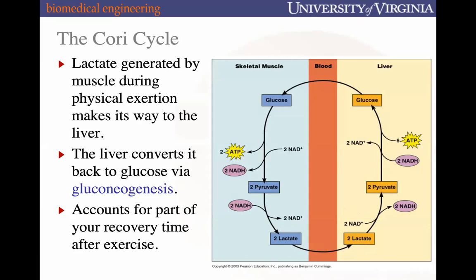As you can imagine, in an anaerobic physical exertion event, like sprinting for 100 meters, or someone training to be a sprinter, these Cori cycle processes are happening incredibly quickly because there's huge demand for ATP, and so it's not just a loop.